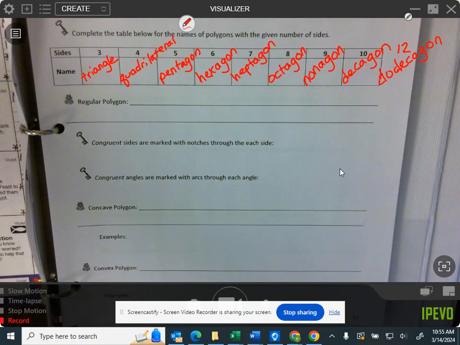Okay, now our polygons have names depending on how many sides there are. And now comes in that regular, convex, and concave.